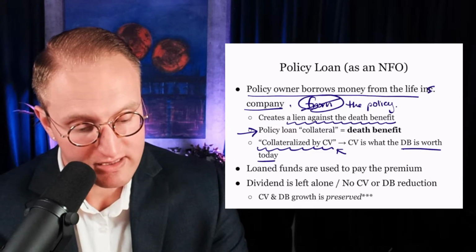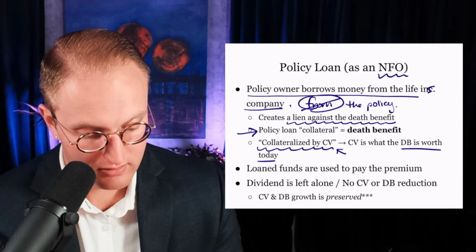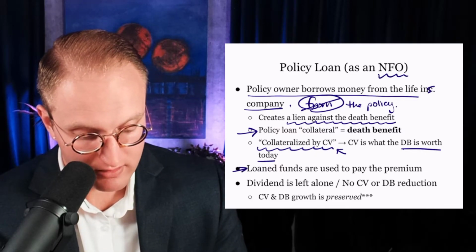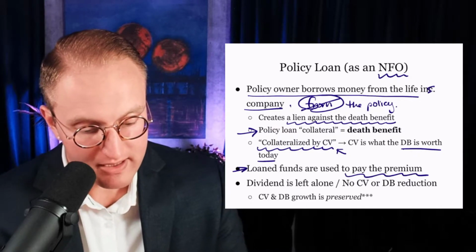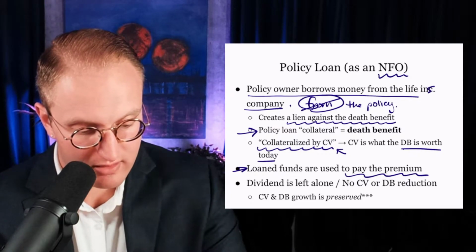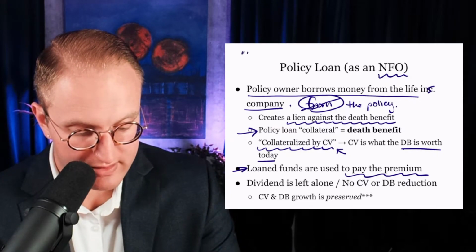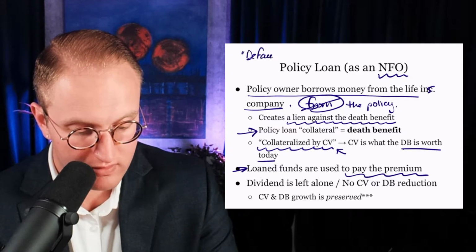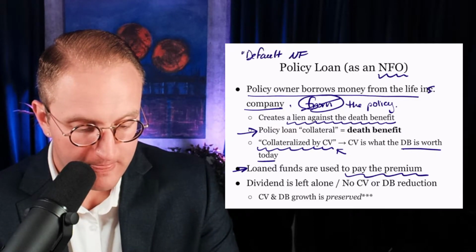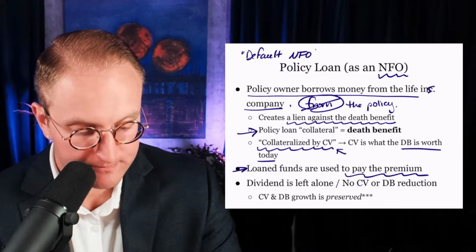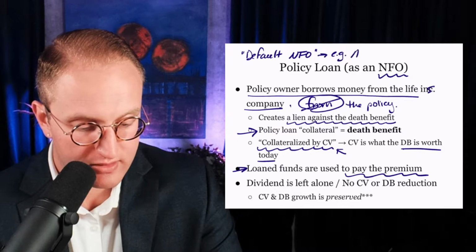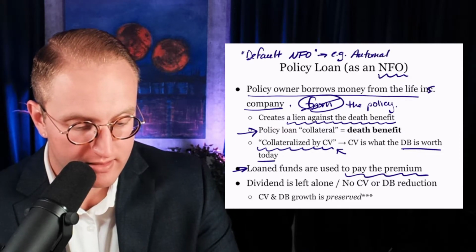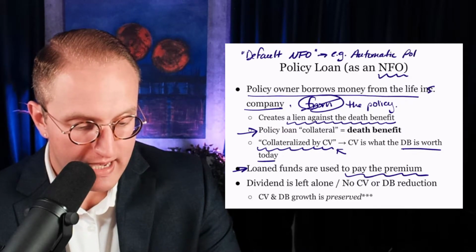Now, in the context of a non-forfeiture option, we might take a policy loan and use that money to pay the premium in a given year. Some companies even have what's a so-called default non-forfeiture option, default NFO. And one version of that is what's called an automatic policy loan, or APL.